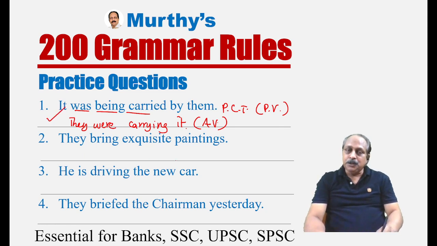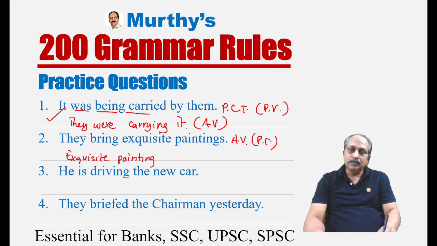They bring exquisite paintings. This is an active voice. At the outset, you have to know for sure whether the given sentence is in active voice or passive voice. They bring exquisite paintings. Active voice, which tense is it? Present tense. How do you change it to passive voice? They bring what? Exquisite paintings. Start with exquisite paintings, plural form.